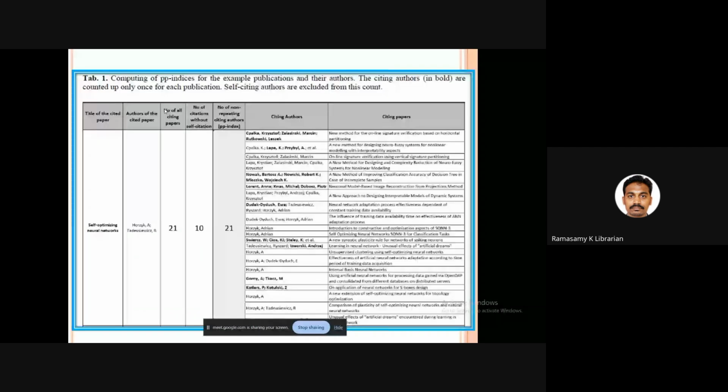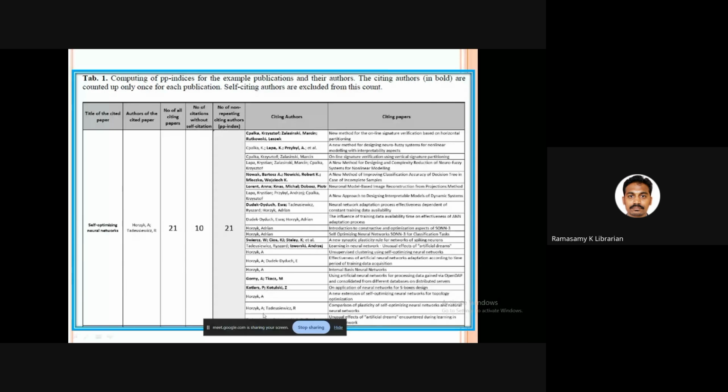See, for example, I'll tell you, this is a research paper, this is an author, and this particular research paper is cited by 21 research papers. 21 research papers have cited this particular one research paper. Now, I have found out the list of authors of all the 21 papers.